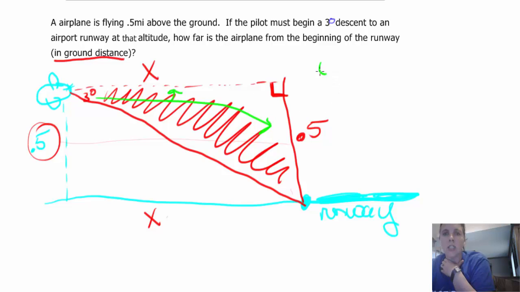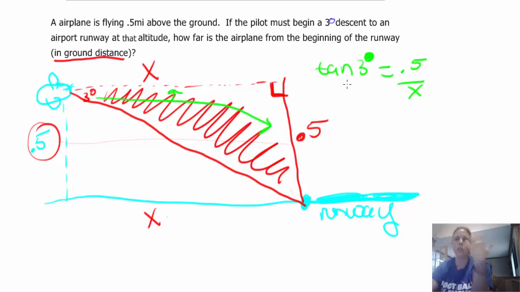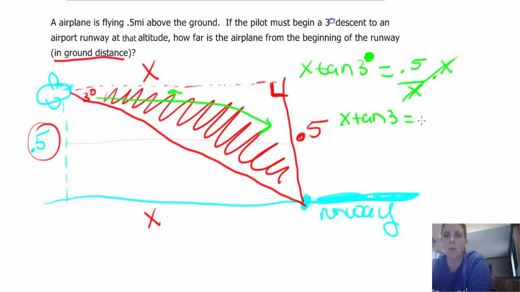So tangent of 3 equals 0.5 over x. So this one we have to do a little bit more work on, remember. We have to multiply by x, so this would cancel. We have x tangent 3 equals 0.5. Then we have to divide by tangent 3.